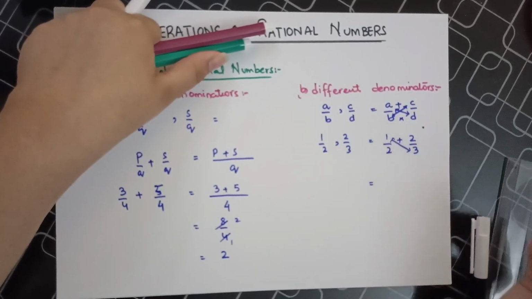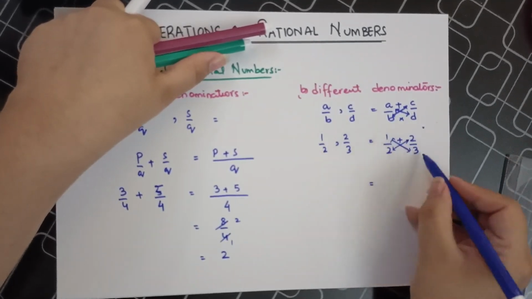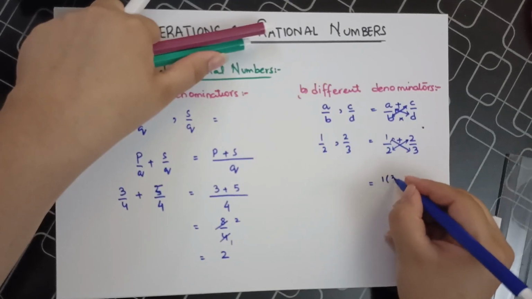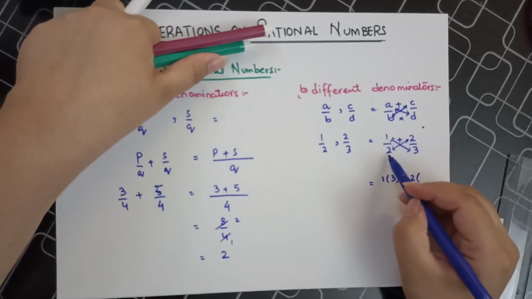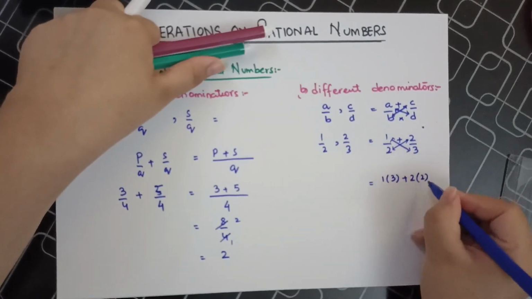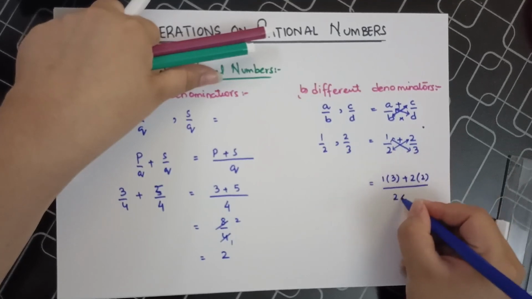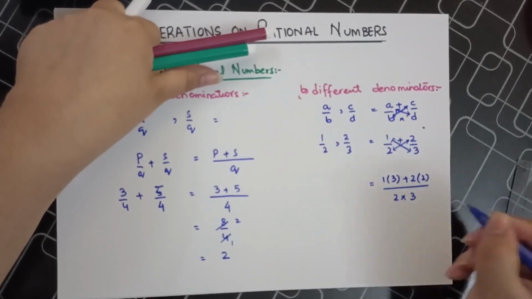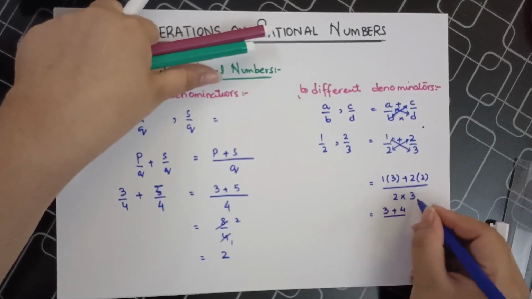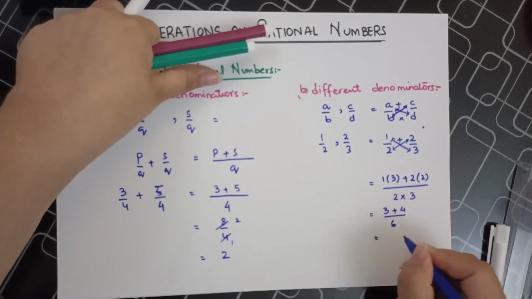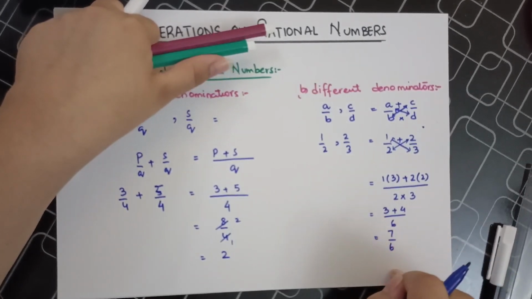This is cross multiplication, you can say. So 1 is multiplied by 3, plus 2 is multiplied by the denominator of the first one, 2 multiplied by 2. And in the denominator, both denominators get multiplied: 2 into 3. So you get the answer 3 plus 4 upon 6, which is 7 upon 6. This is how you get the answer.